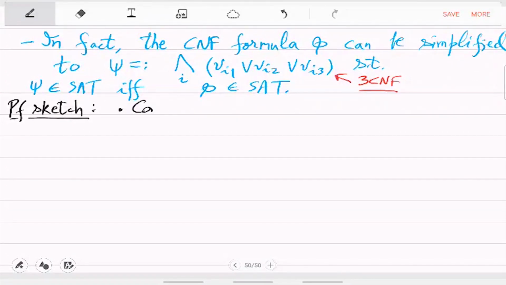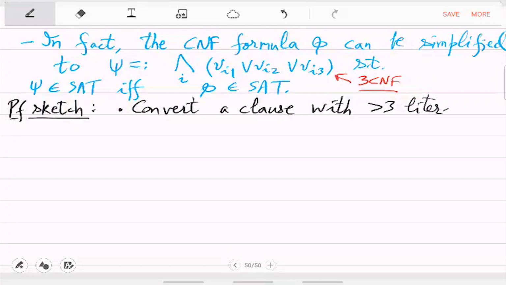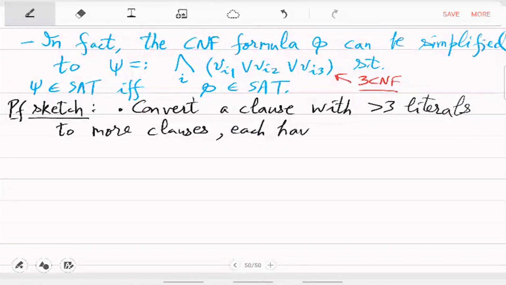So the idea is to convert a clause with greater than 3 literals to more clauses, each having 3 literals.